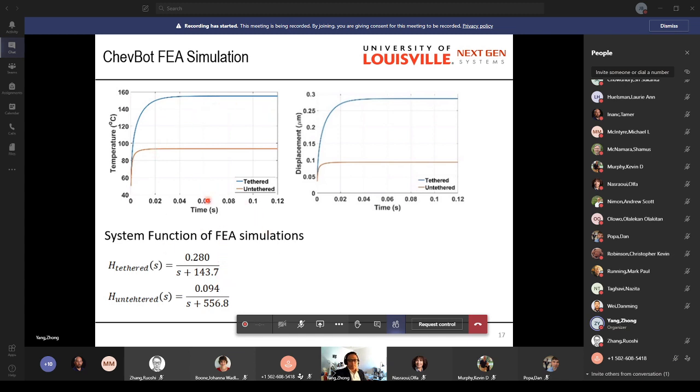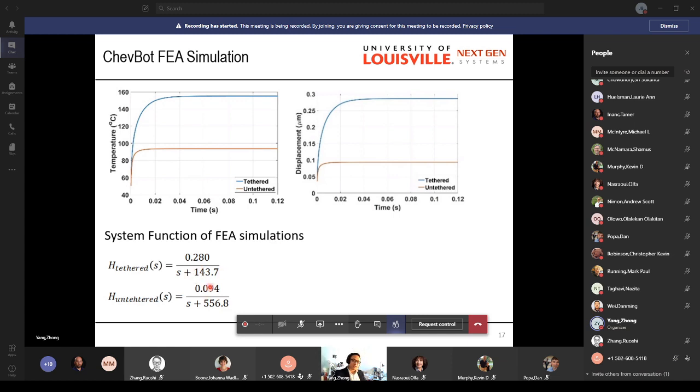So from those data, I did a system identification just using a first order system function to identify them. Because there is a lot of uncertainty in those boundary conditions, the value of the amplitude we can ignore, because we cannot exactly measure the boundary condition temperature and the power of heat transfer, so there's too much uncertainty.